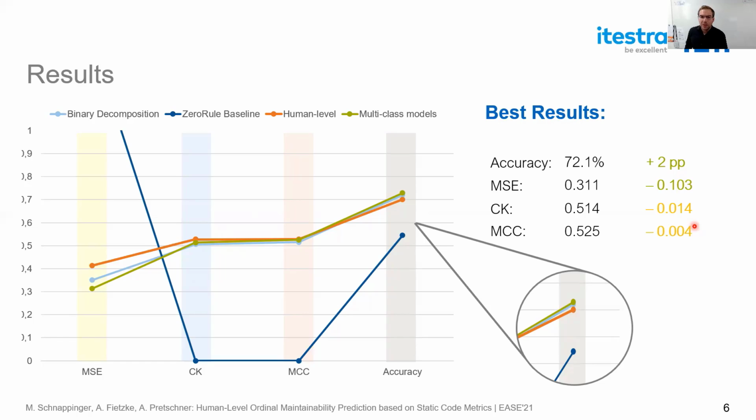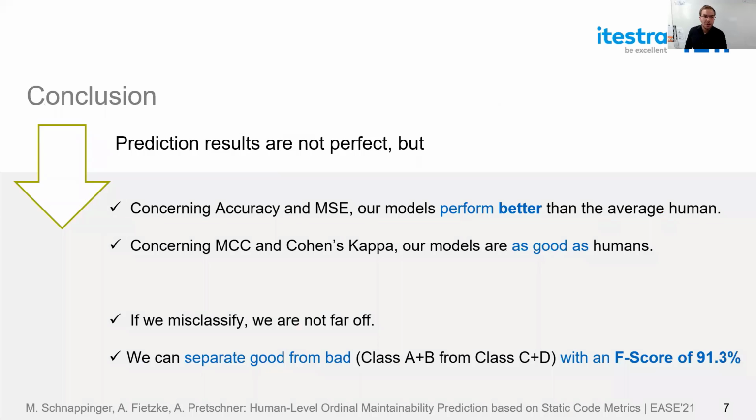So what do these numbers mean? What are the conclusions of the research? First of all, the prediction results are not perfect. We're talking about an accuracy of 70-something. But concerning the accuracy and mean squared errors, our models perform better than the average human, because the average human expert is also not always in alignment with the consensus of several experts.